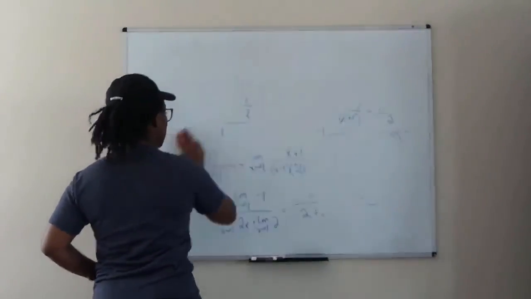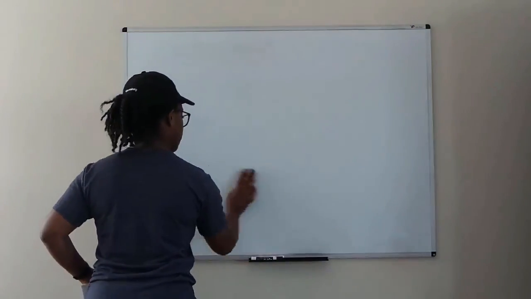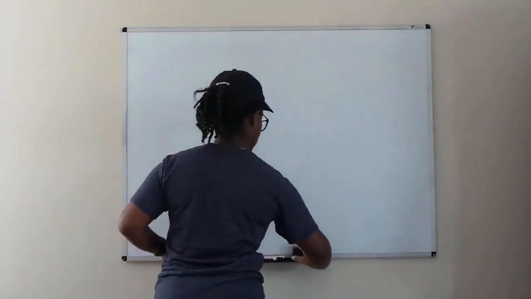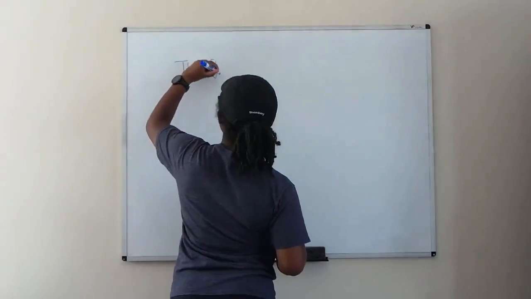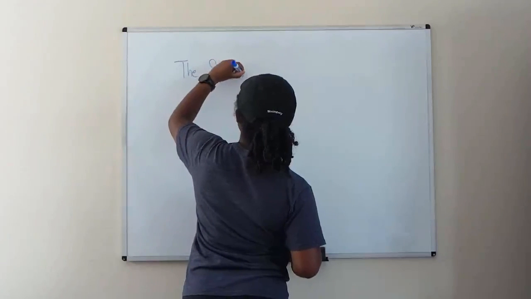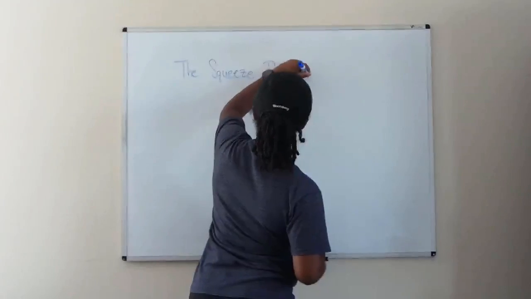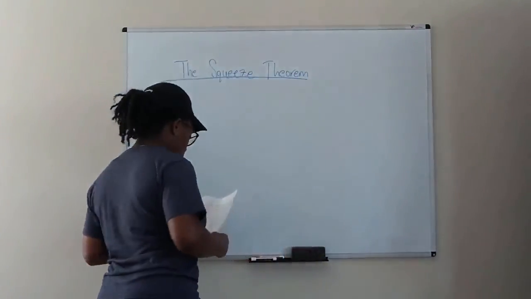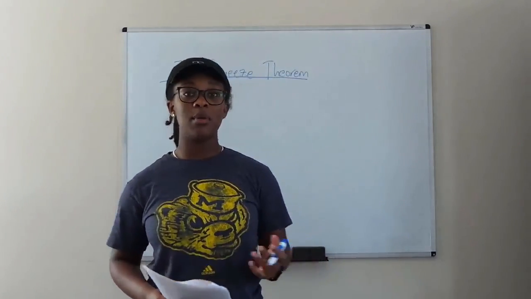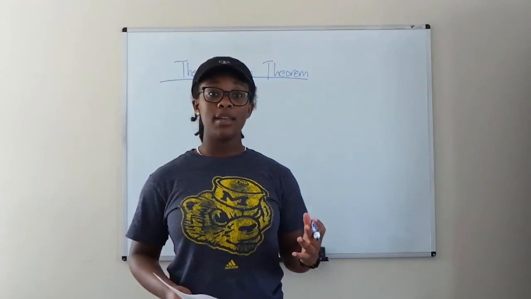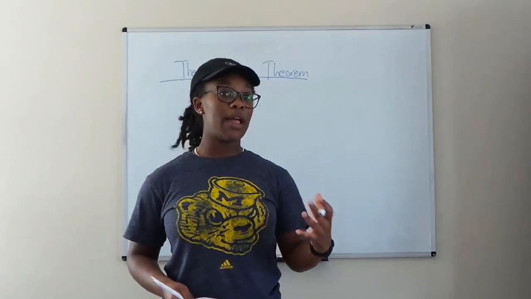Okay, so this last section will be on the squeeze theorem. The basic idea of the squeeze theorem, as the name implies, is that we're evaluating limits by squeezing them in between limits that we know the value of.